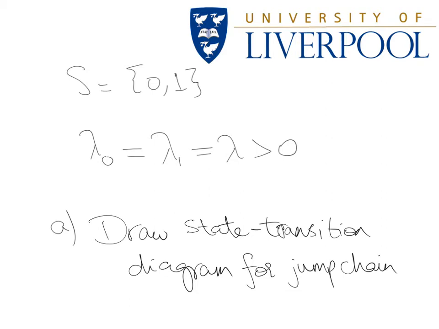And the second thing we want to do is to find the transition matrix, let's call this transition matrix P(t). So we wish to find P(t), the transition matrix for this jump chain.